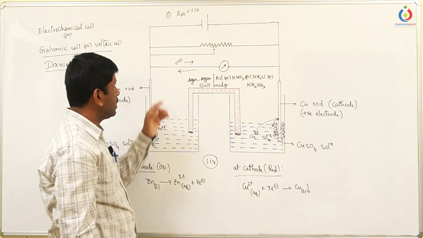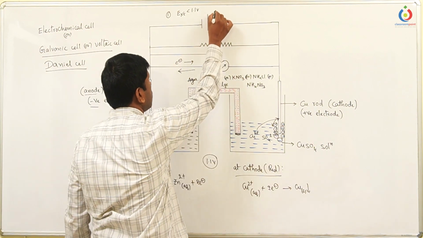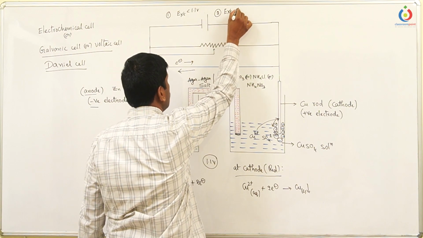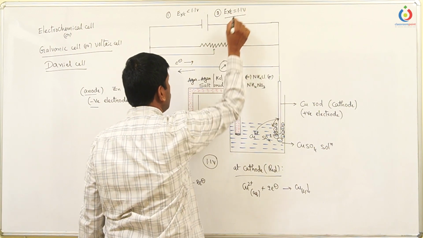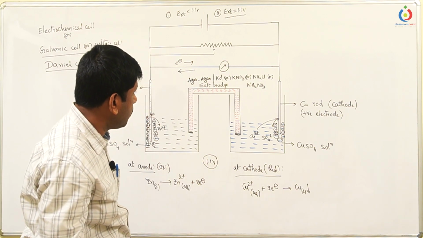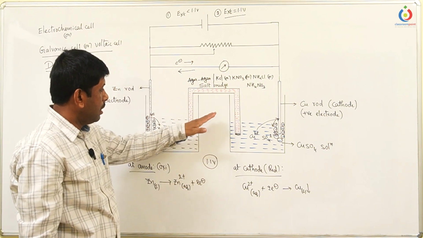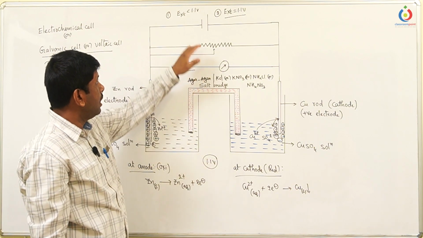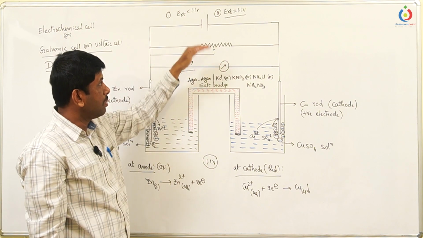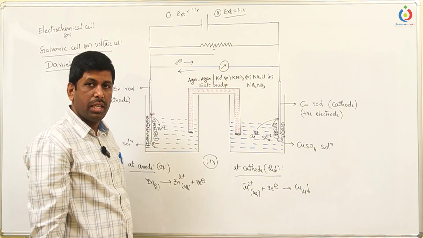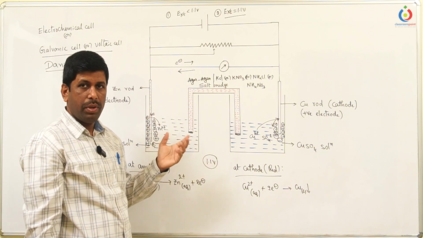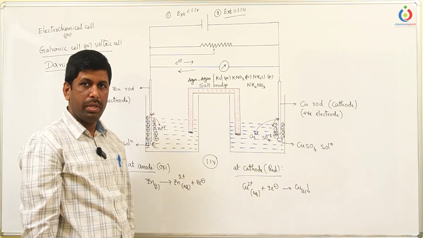Now, if it is connected to an external source whose voltage is equal to 1.1 volts, see, the Daniell cell voltage and the external source voltage are both the same. That means both are in static equilibrium now, so there is no direction in which the current can be sent.